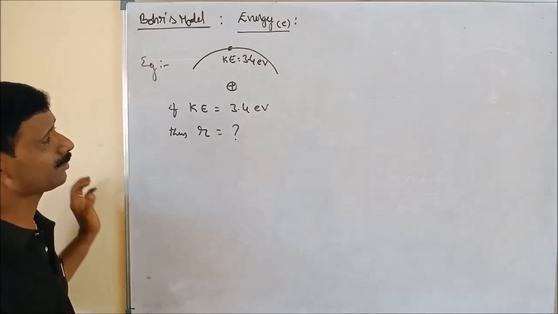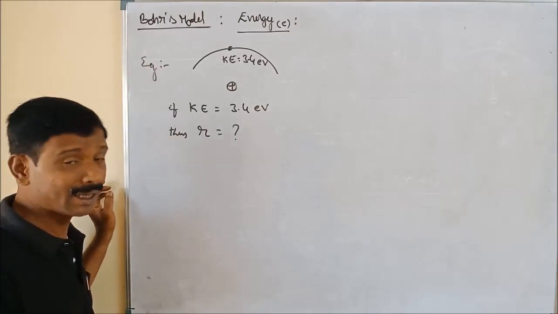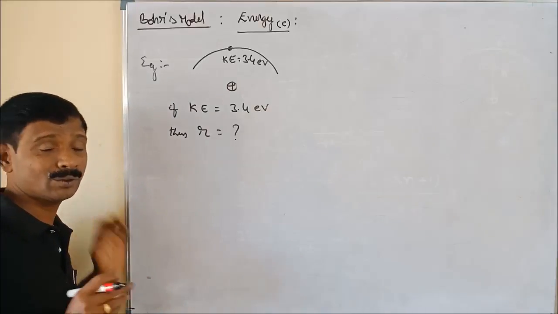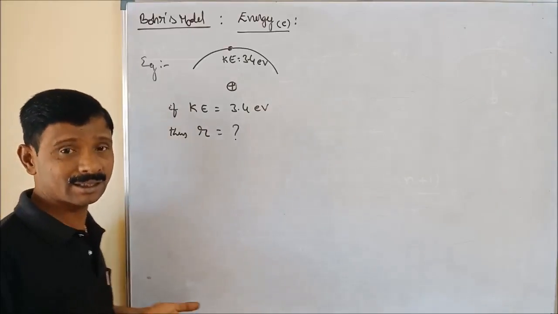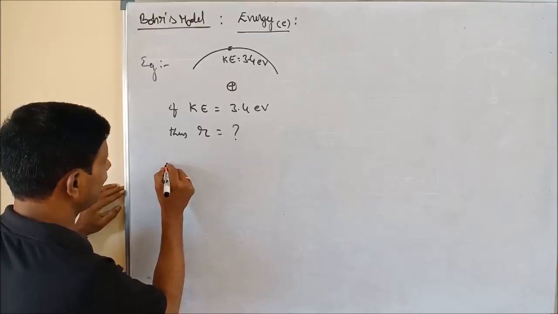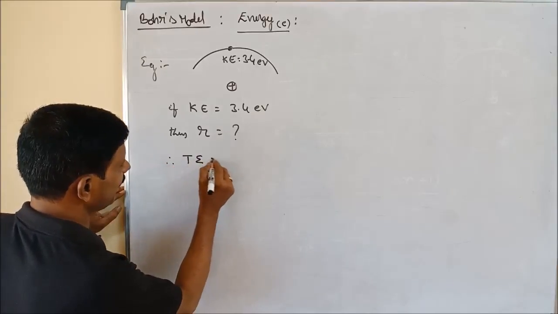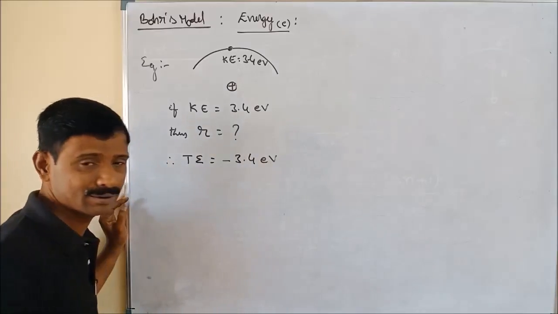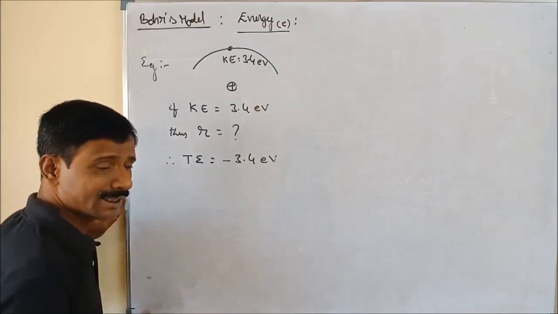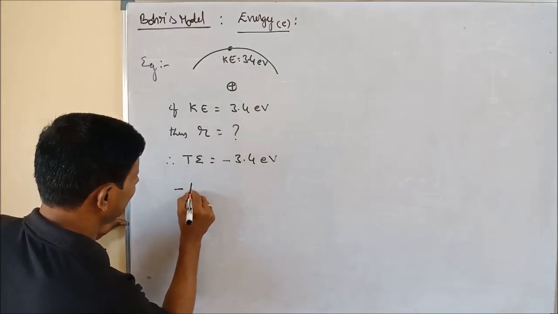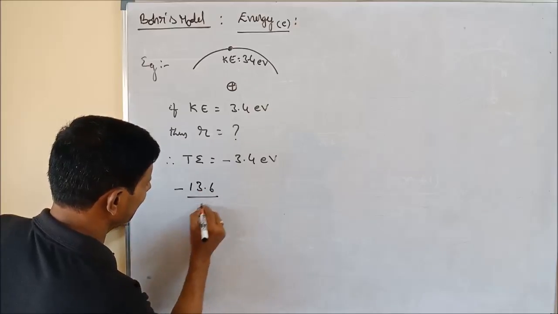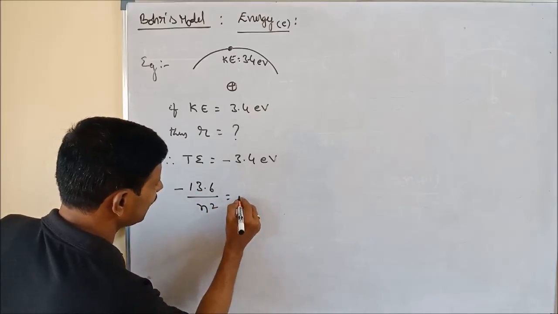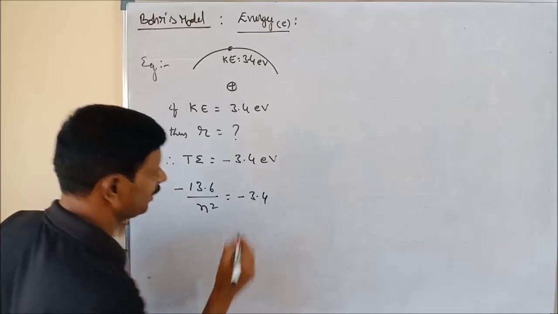See, kinetic energy equal to 3.4. Already we have a relation. What is total energy? Total energy equal to minus kinetic energy. So according to this, total energy equal to minus 3.4 electron volts. But what is expression for total energy? Minus 13.6 by n square, that is equal to minus 3.4.